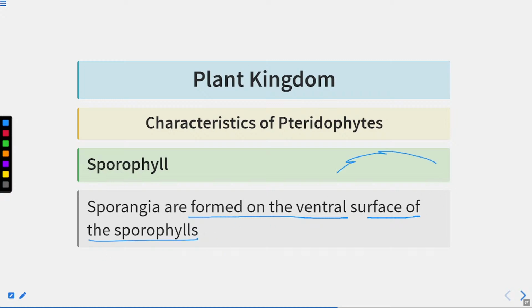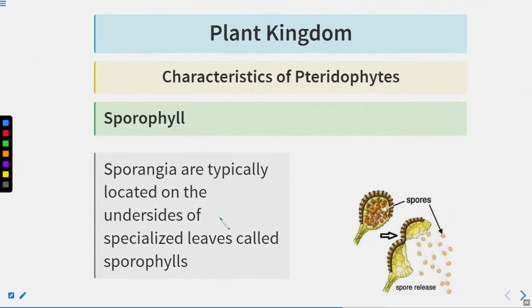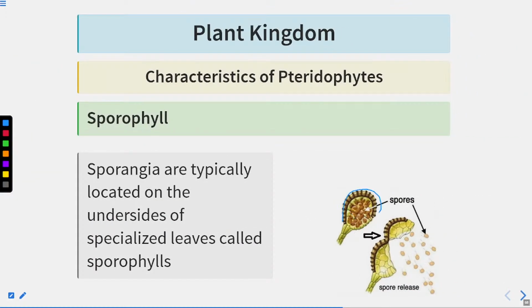So if this is the sporophyll, this is the dorsal surface, and here the ventral surface. On the ventral surface, the sporangia are present. Here you can see one structure of the sporangia. Sporangia are typically located on the underside of the specialized leaf called the sporophyll. So a leaf-like structure that bears sporangia is called a sporophyll.